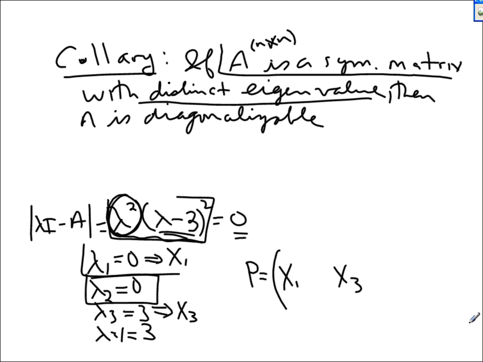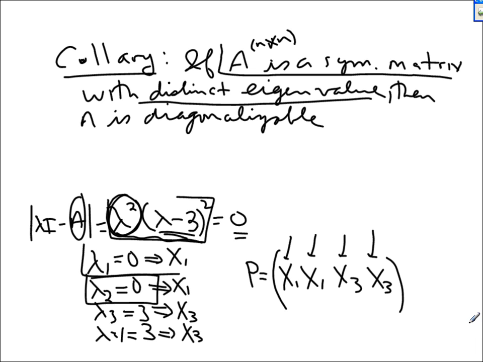You have to put the eigenvector associated with lambda equals 0, x1, again, and you also have to put x3 again. This would be what P is. Now, the original matrix A is diagonalizable if and only if these eigenvectors are linearly independent, and they're not.